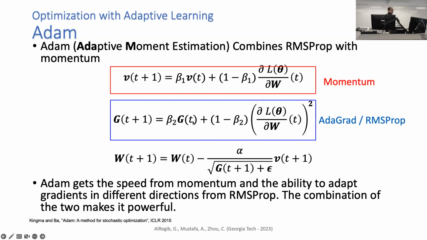The same thing goes for beta 2. Remember, if beta 2 is 0.99, then you are accounting for this G at 0.99, but the current one at 0.01. If you make it 0.8, then you are accounting for the current one as 0.2, so it's higher for the previous ones compared to the current one. You see that?